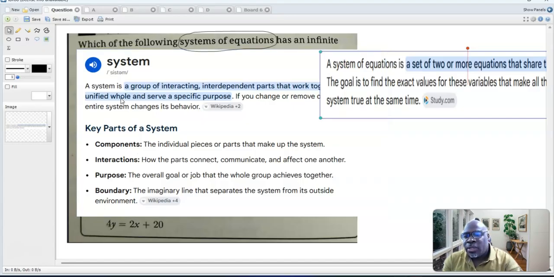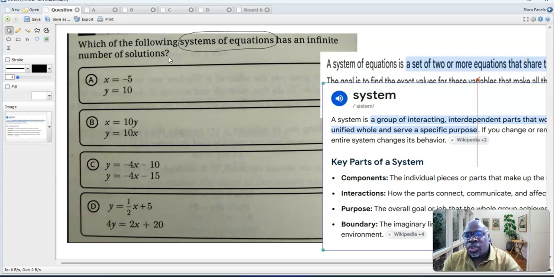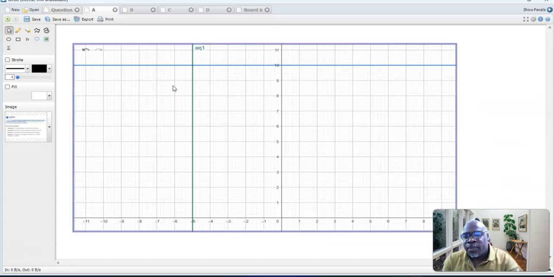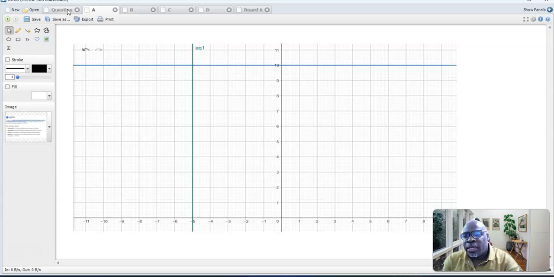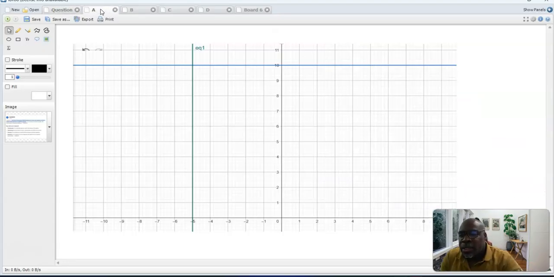Alright, now let's look at each of the answers illustrated in a graph. Now this one is option A. So if you notice now, let's look at the equation again. x is equal to -5, y equal to 10. So we have this blue line here representing y equal 10, and of course x equal to -5.